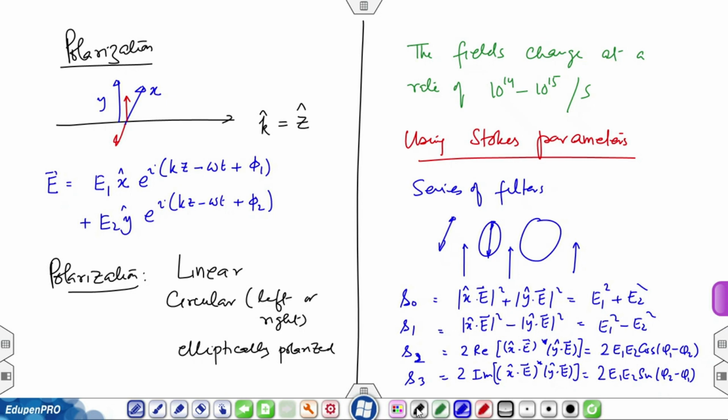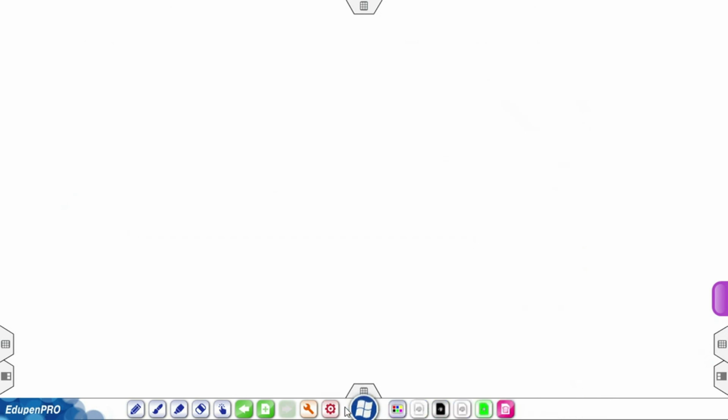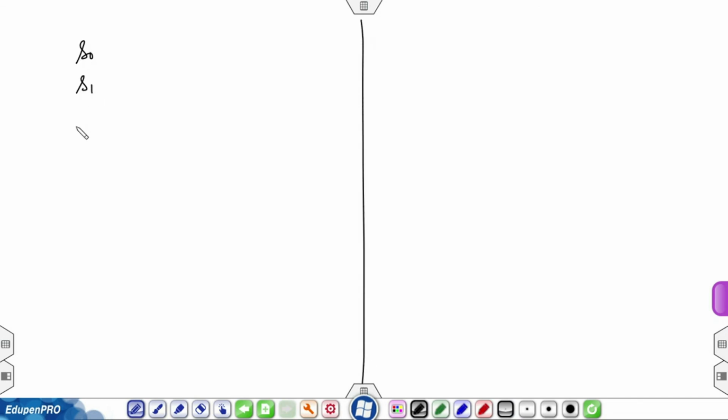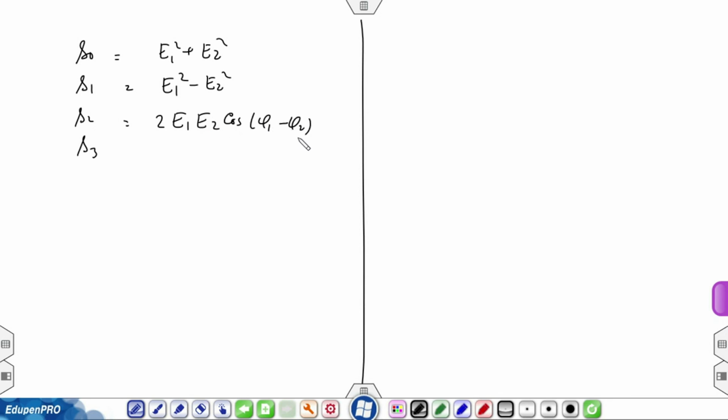The only thing I wish to mention is that all 4 of them are not independent. So, what we have done is define Stokes parameters S 0, S 1, S 2 and S 3. This is E 1 square plus E 2 square, E 1 square minus E 2 square, 2 E 1 E 2 cosine phi 1 minus phi 2, 2 E 1 E 2 sine of phi 1 minus phi 2, and you have S naught square equals S 1 square plus S 2 square plus S 3 square.